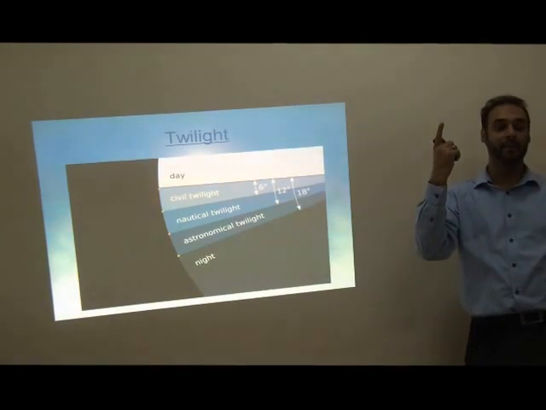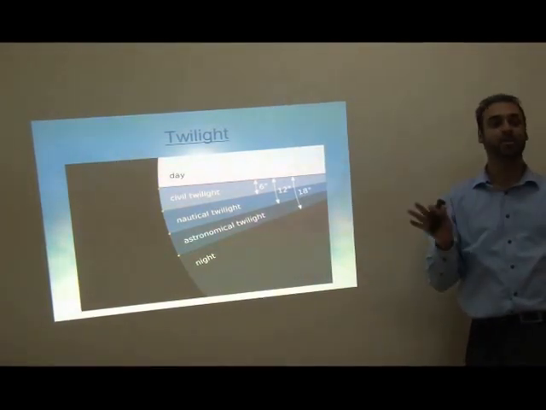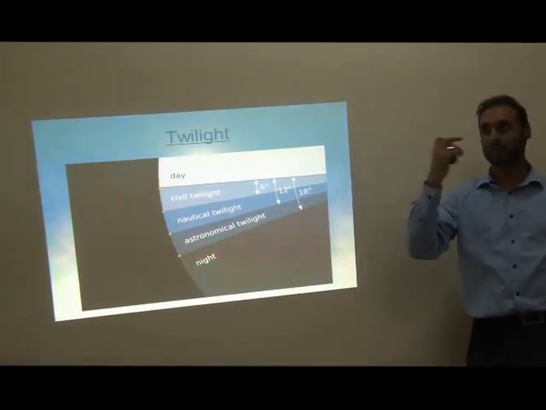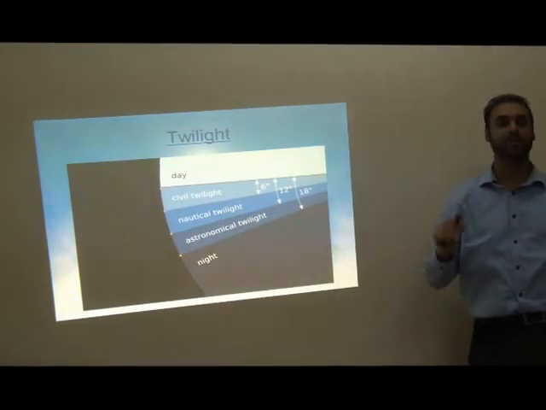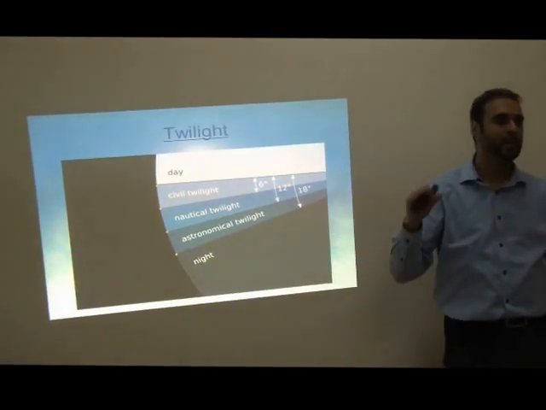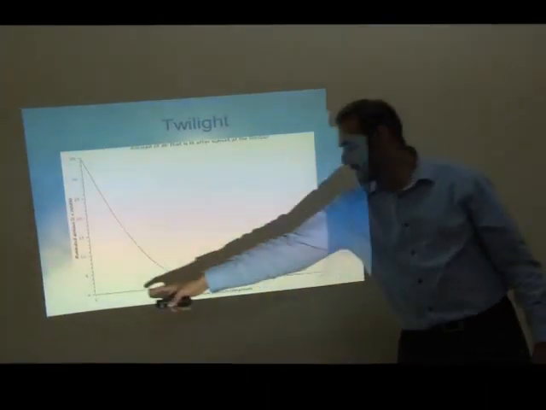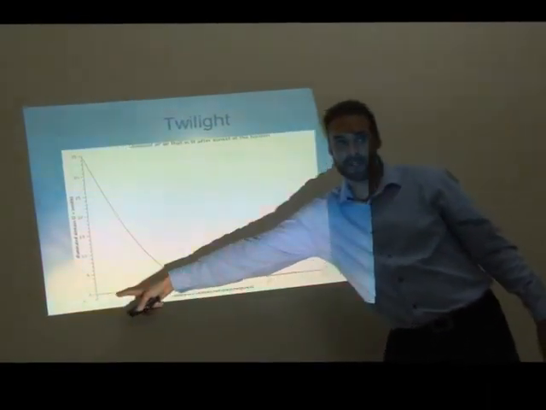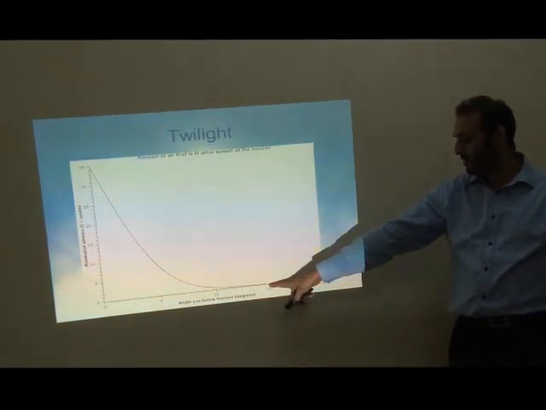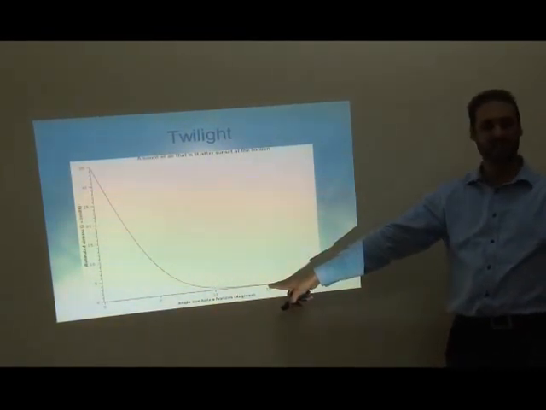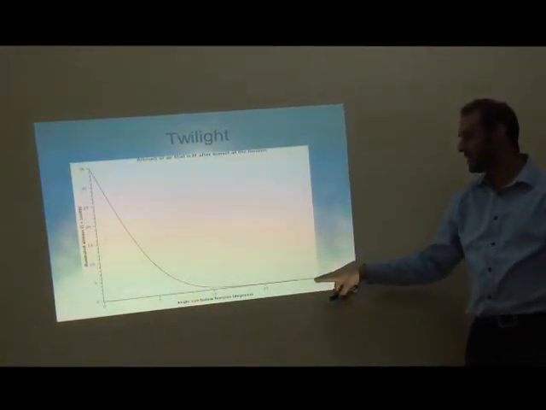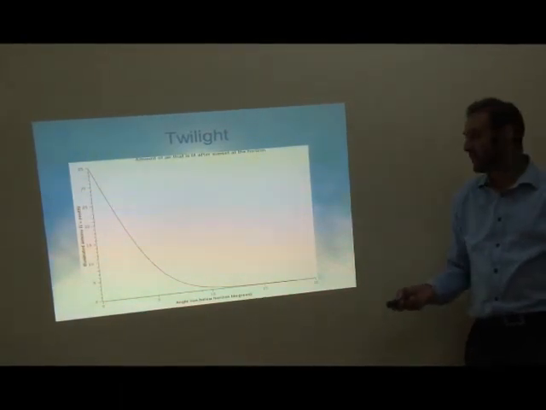So if you can't make them out and you are in a dark sky, then you know that it's not Fajr, and you've got to wait till you can see them clearly to know that it's Isha. Here's the angle of the sun from the horizon and the light levels: at 15 degrees it's more or less dark, and then you carry on to 18 degrees, and at 18 degrees it really gets dark.